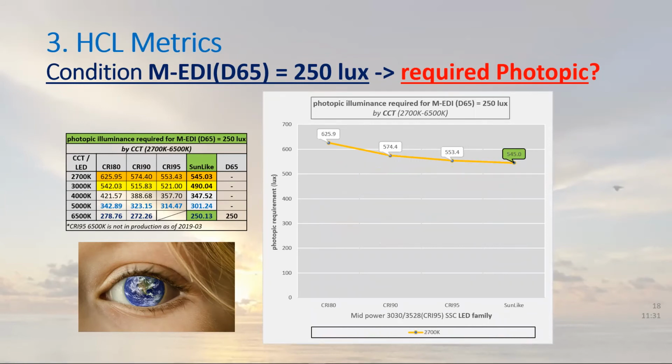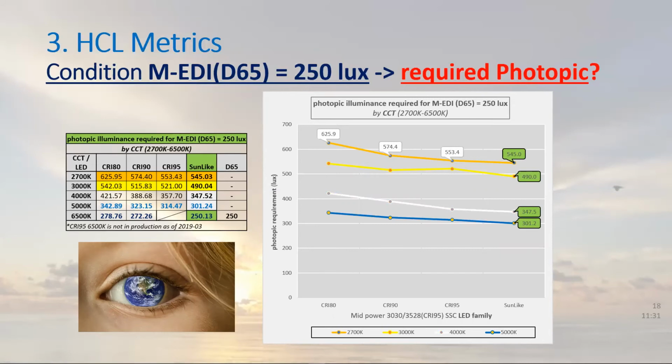If we go into 2,700, we see that to get 250 lux with a CRI 80, we need 625.9 photopic lux and 545 in the case of the full spectrum. This requirement lowers as we increase the CCT.